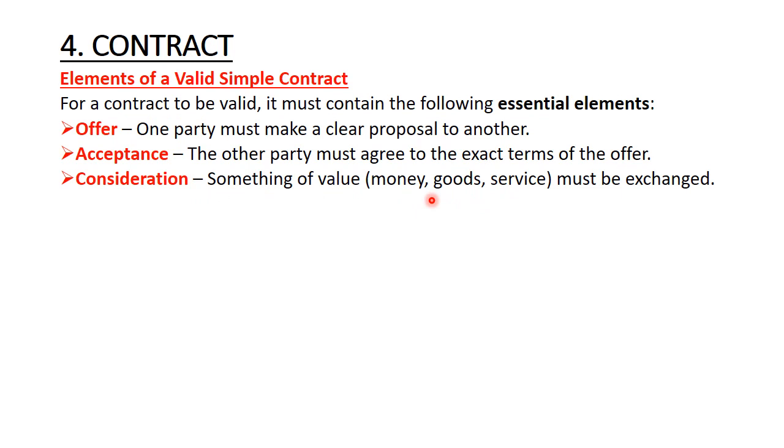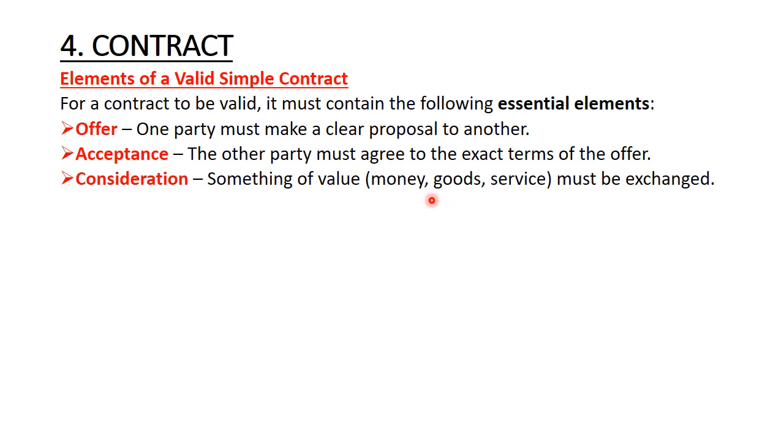Consideration is something of value, such as money, goods, or service, that must be exchanged. For example, in the example I gave of you entering into a contract with a customer, you are going to benefit by making sure that your goods are bought in that given period, and the customer must also have something to benefit. In that case it is a discount.